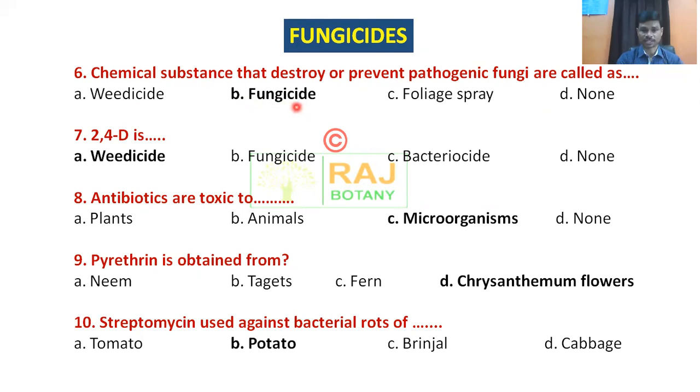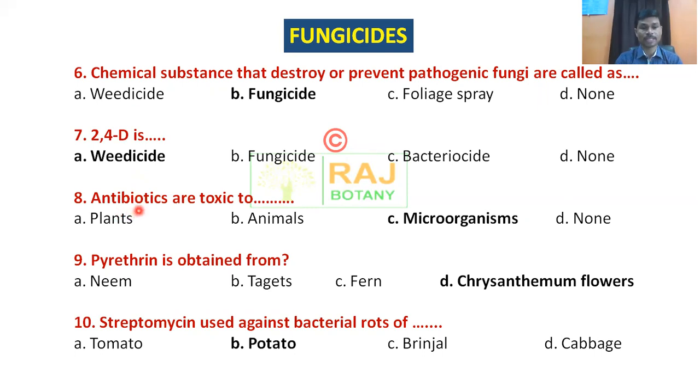Fungicides kill the fungi. Therefore, B option is correct. Then 2,4-D is 2,4-dichlorophenoxyacetic acid. 2,4-D is a weedicide, meaning it is used to eradicate or to kill the weeds in the field.